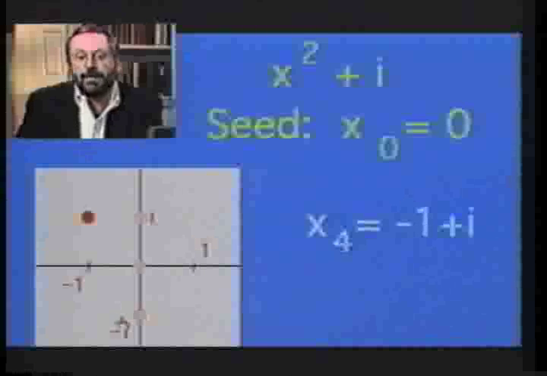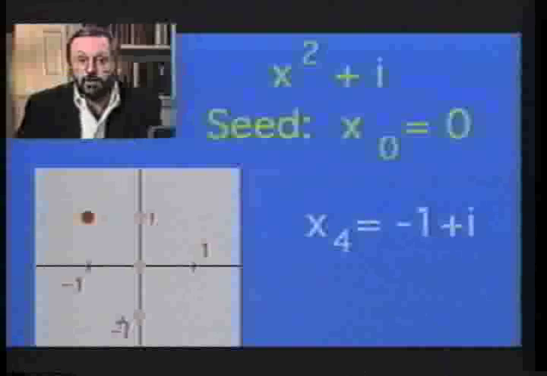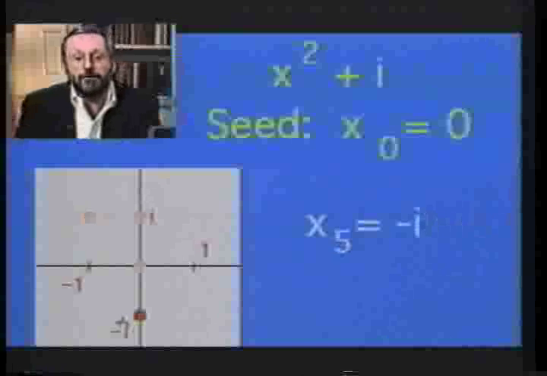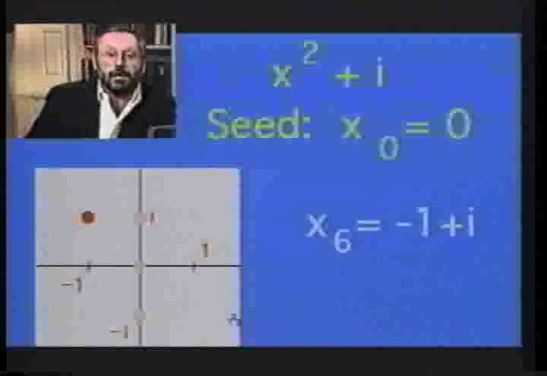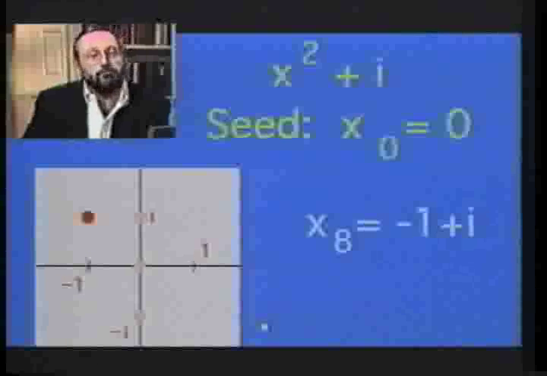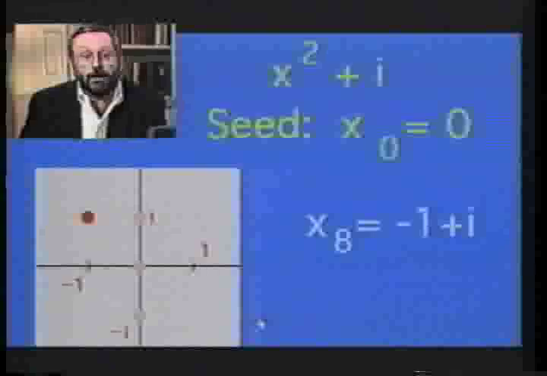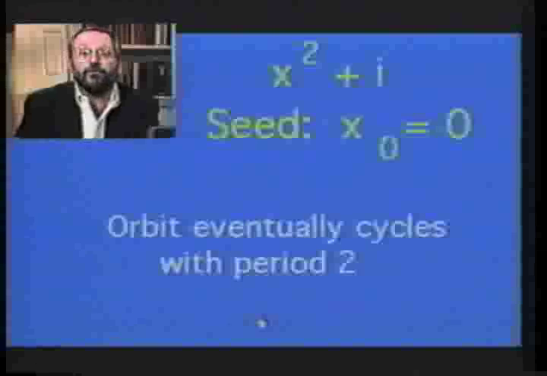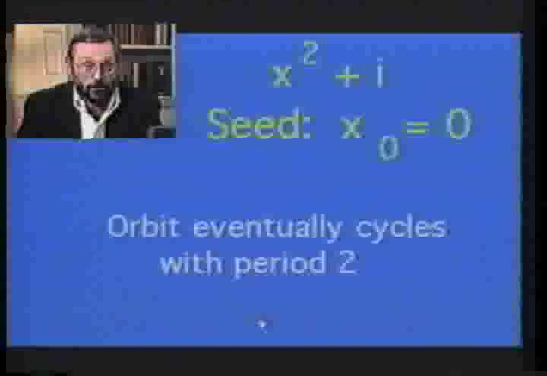Square negative i, add i, you're back at minus 1 plus i. So we've seen that before. Iterate again, get negative i. One more time, get minus 1 plus i, negative i. What you see is this orbit begins to bounce back and forth between negative 1 plus i and minus i. So again, the fate of this orbit is it eventually cycles with period 2.